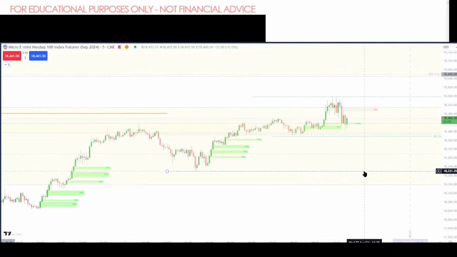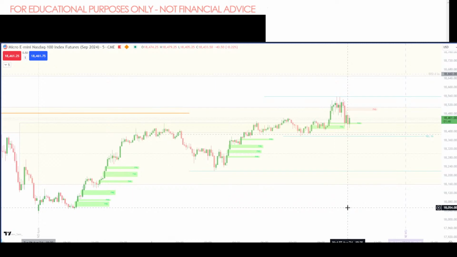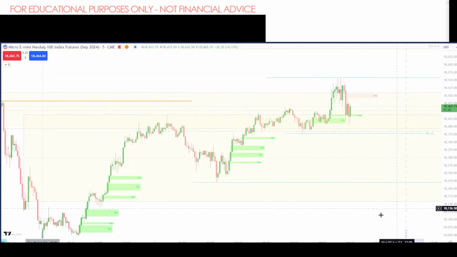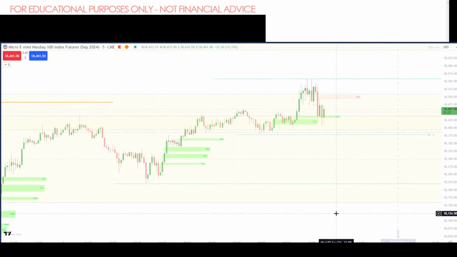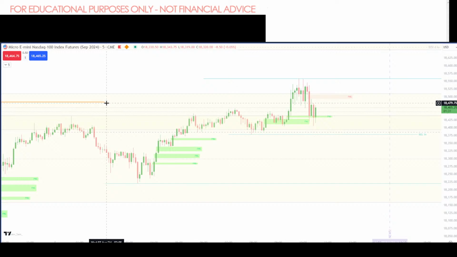On the 5-minute, we have a small market structure shift here, and quite a lot of chop. So this isn't really clean price action here, which we haven't had a lot of the last few days.